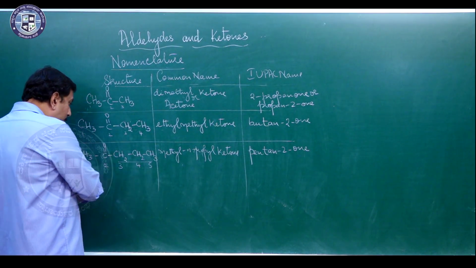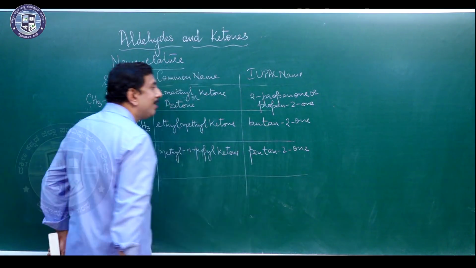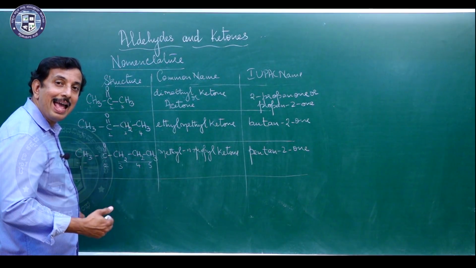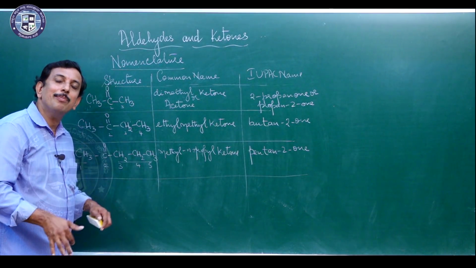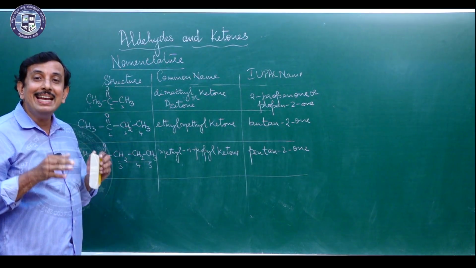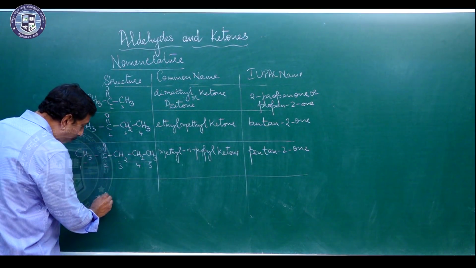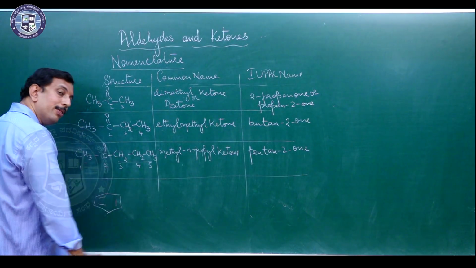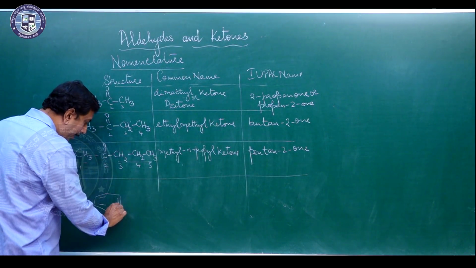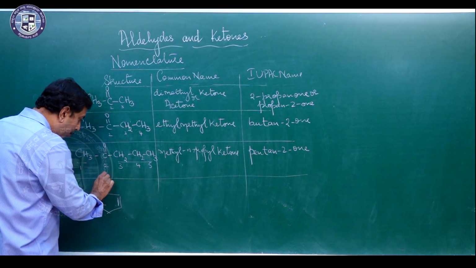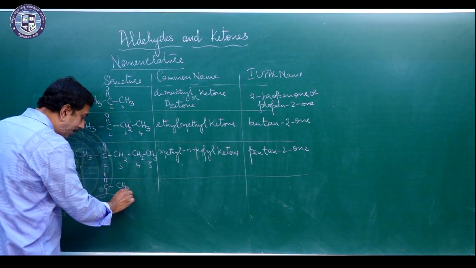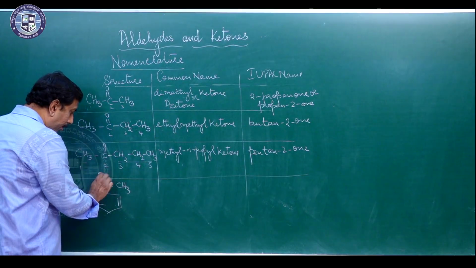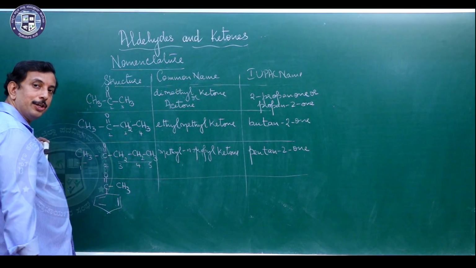Similarly, if I want to give one more last example coming under this series, that is a mixed ketone or unsymmetrical ketone, but having a benzene ring in it. So, I can write the compound in this way, which has a benzene ring, then a carbonyl group, and then a CH3 group.